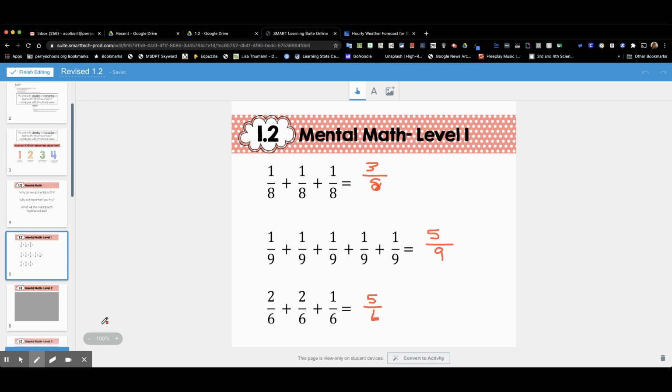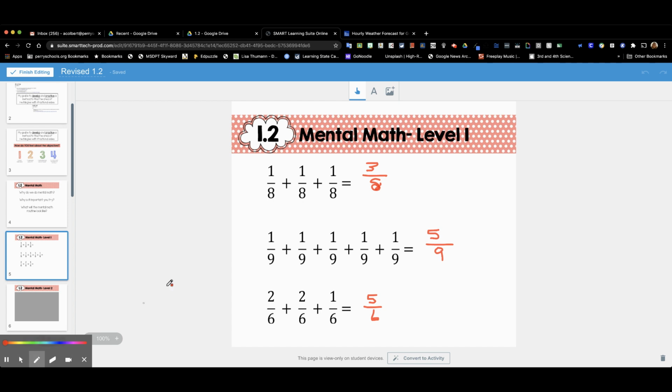Okay, so you should have solved these problems. For the first one, you should have gotten 3/8. Sorry, my writing got a little messed up there. The second row, 5/9, because we see 1, 2, 3, 4, 5, 1/9. And then this last one should be 5/6, because we see 2 plus 2 plus 1, which is 5, 5/6.